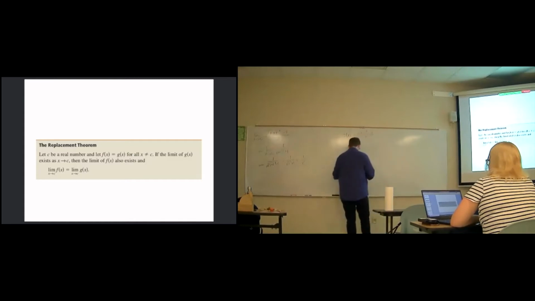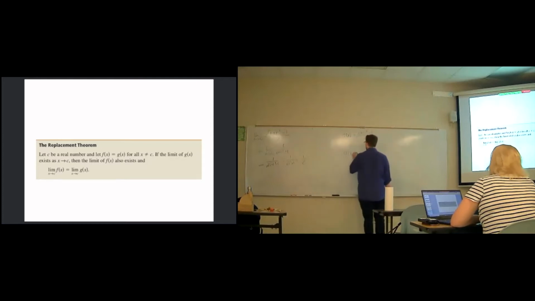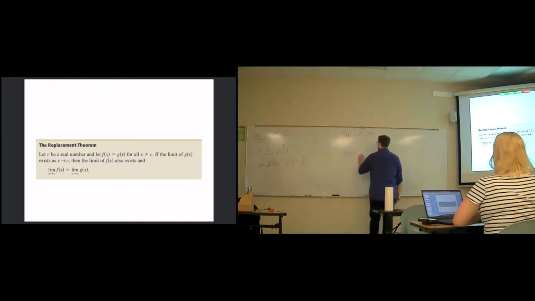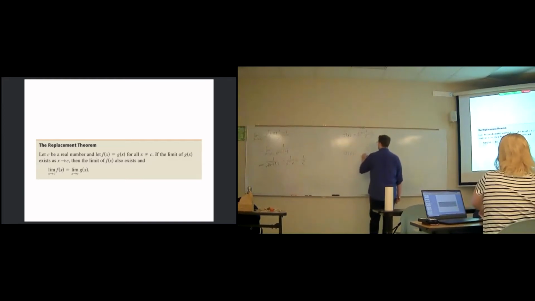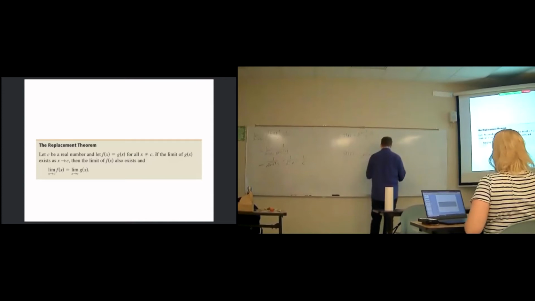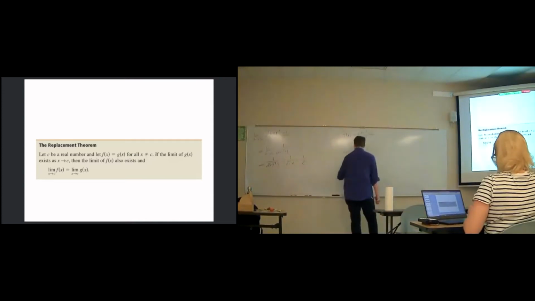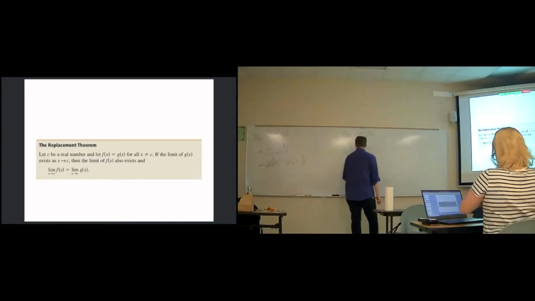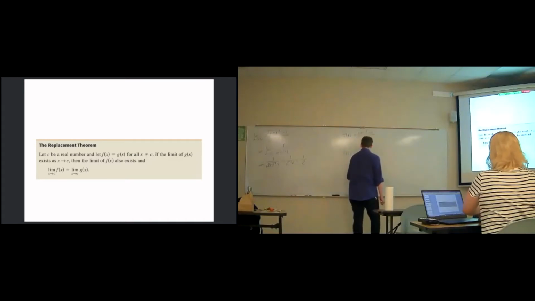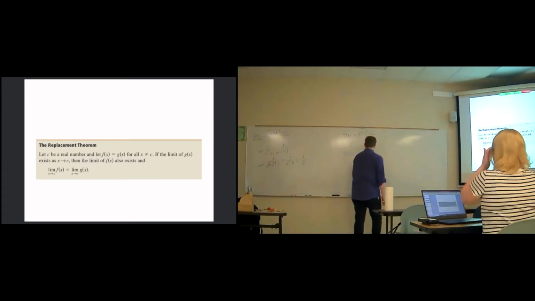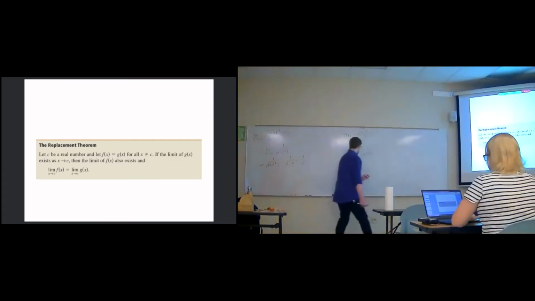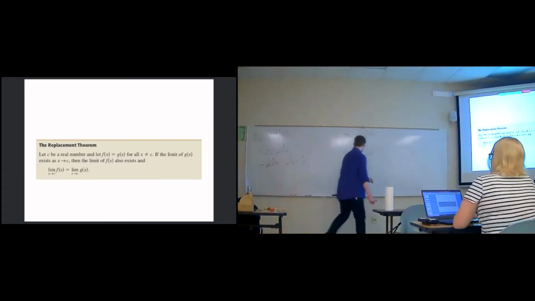Then we have the function we just solved for, g of x, which is equal to 1 over square root of x plus 1 plus 1. And f of x is equal to g of x everywhere except for x equal to 0.